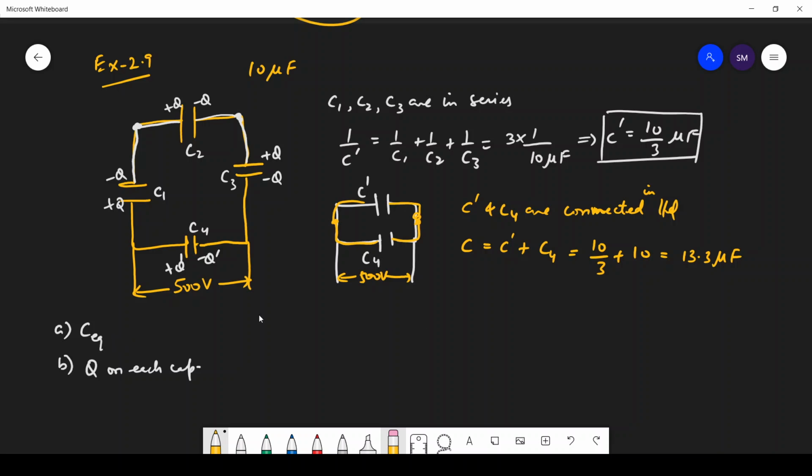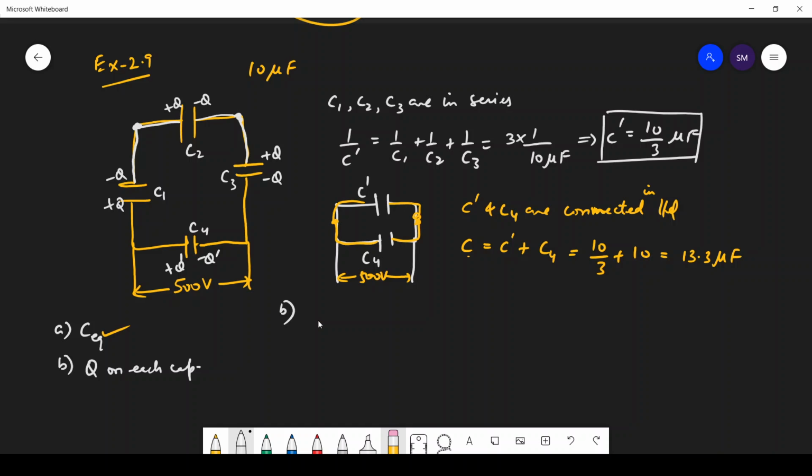So the first question we have done. So this was C equivalent of the circuit. Now the B part. What is the charge on each capacitor?